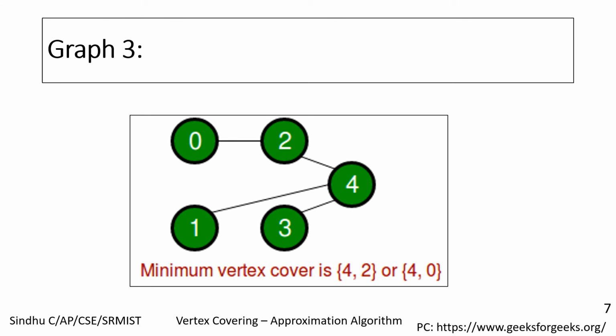Which vertices should we pick such that the number of vertices is minimum and all the edges are covered? From this diagram you can see that if we pick 2 and 4, 2 will cover the 0-2 edge and the 2-4 edge, and 4 will cover the remaining two edges 1-4 and 3-4. So 2 and 4 can be the minimum vertex cover, or you can also pick 0 and 4. That way all the edges are covered with minimum vertices.